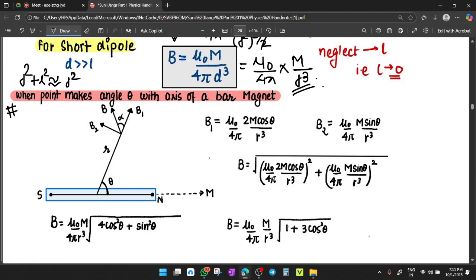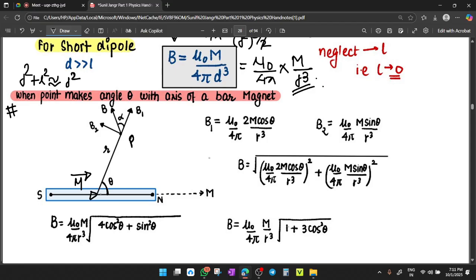So here it is a bar magnet and this is with vector capital M. This is vector capital M. Capital M vector means magnetic dipole strength. Now, if we consider a point here, this is the point P. Now we have to find the magnetic field intensity at this point.